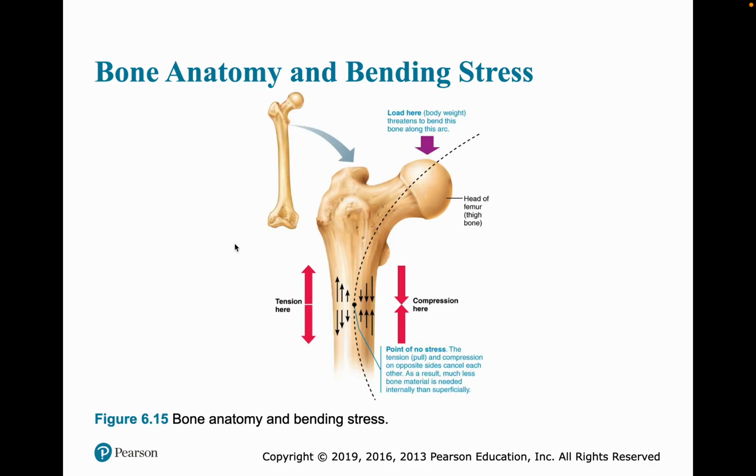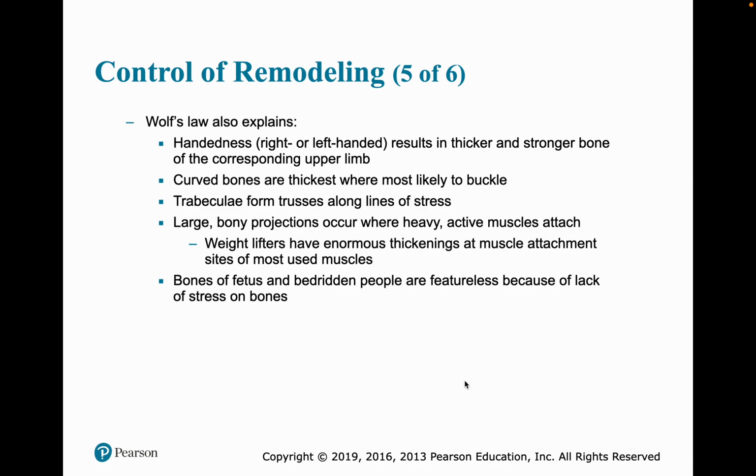So here is a diagram of this Wolff's Law. Bones are shaped in response to stresses. Wolff's Law also explains why your handedness results in thicker and stronger bones on the corresponding upper limb. So if you're right-handed, your right arm is thicker and stronger than your left.